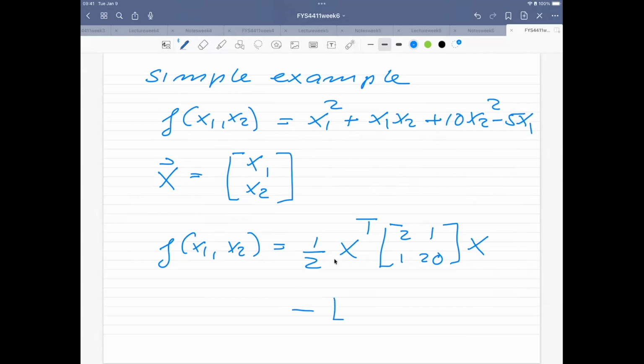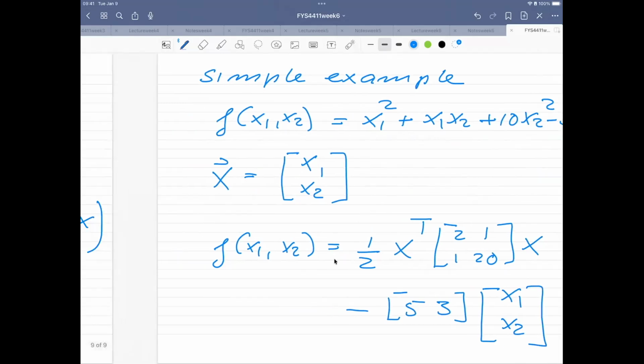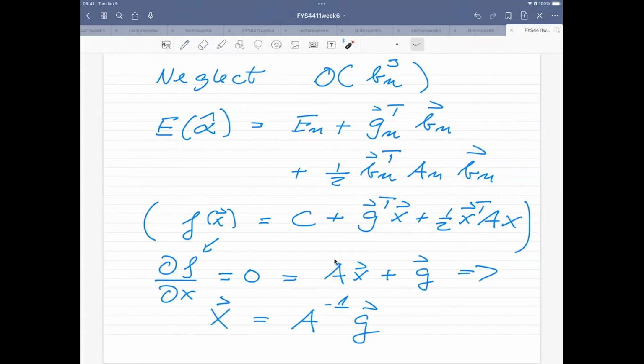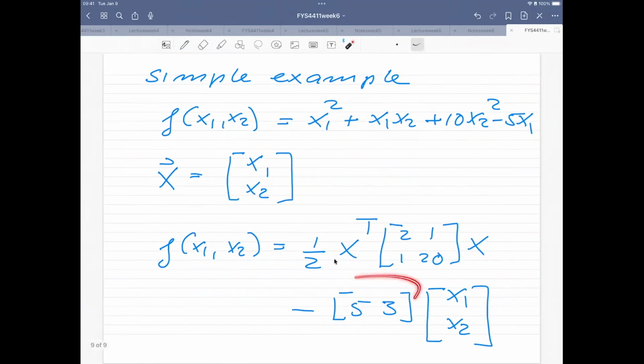And this would then be given by a vector which plays the role of the gradient of x1, x2. If you do the algebra here, you will find that when you multiply out these vectors with the matrix, 5 and 3 plays the same role as we had for the gradient. So if you look back at the example here, this vector which we put in there, which is just written as 5 and 3, plays in a certain sense the role of the gradient.